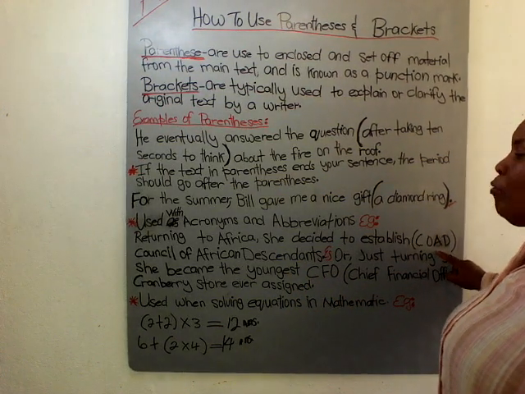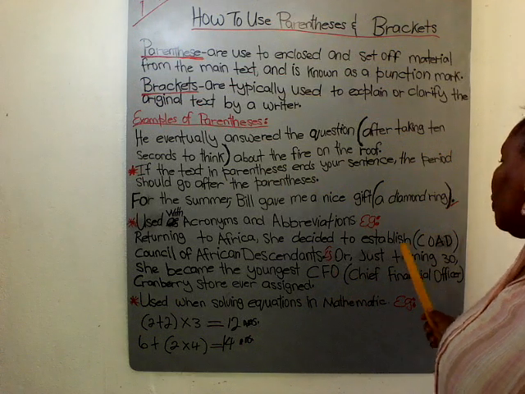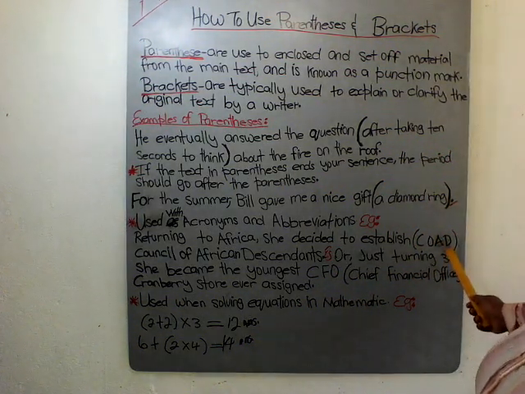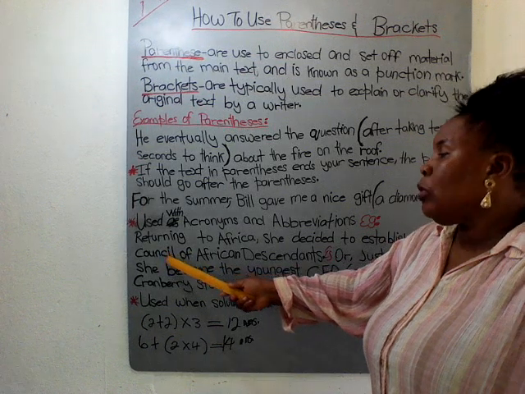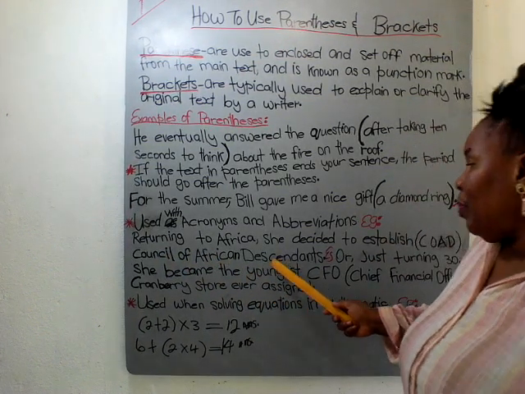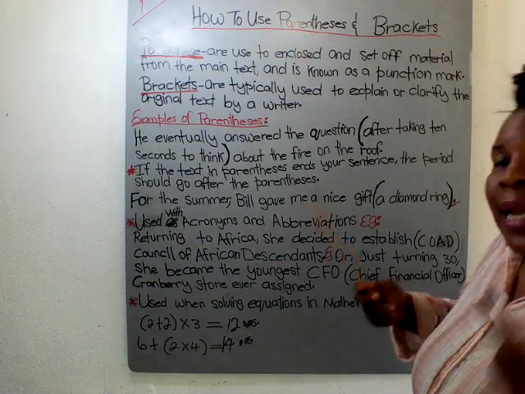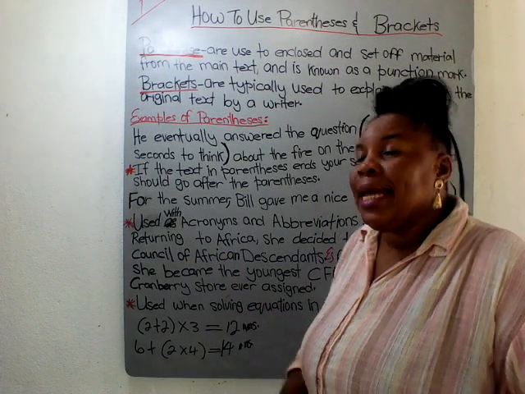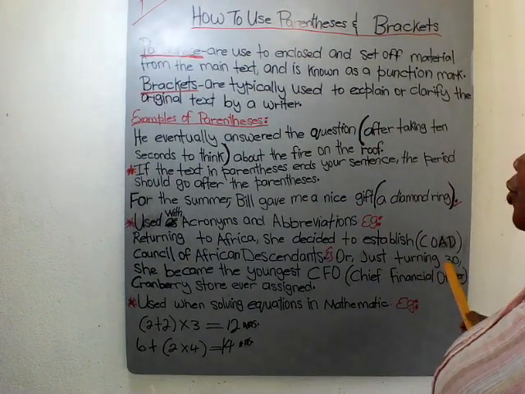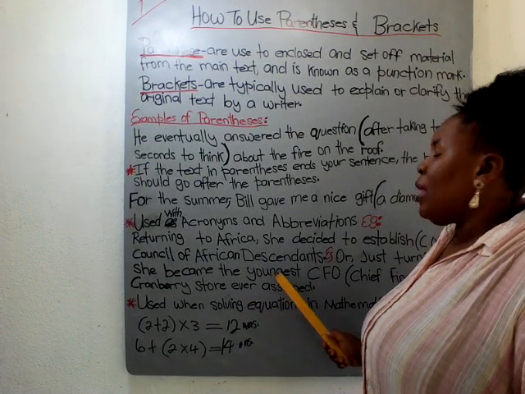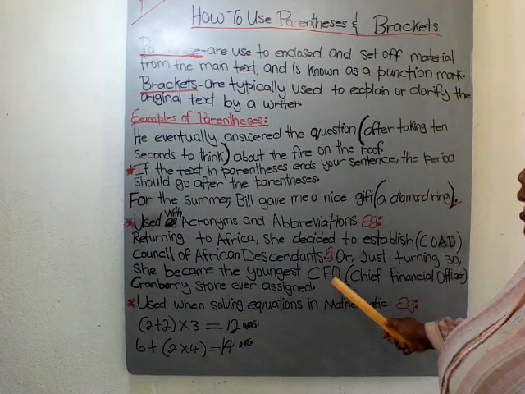So it's a word formed from an abbreviation. It is called an acronym, and it is COAD. So COAD stands for Council of African Descendants.